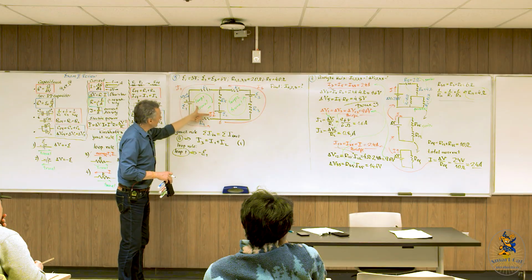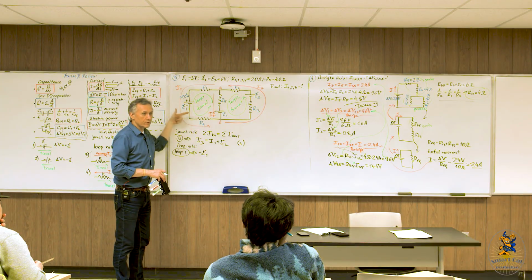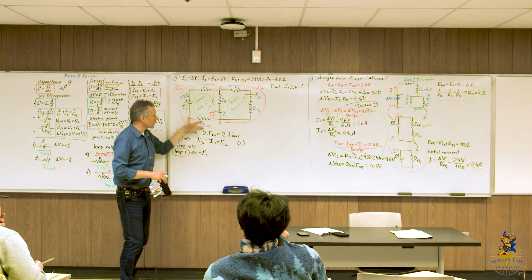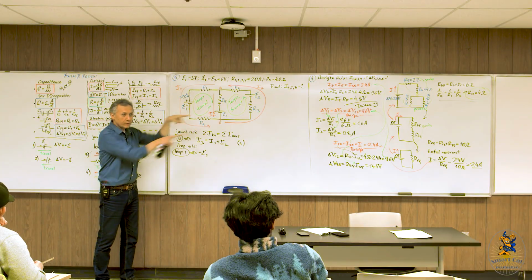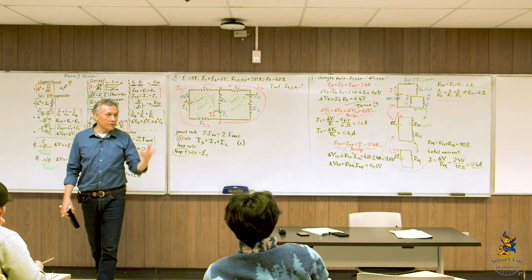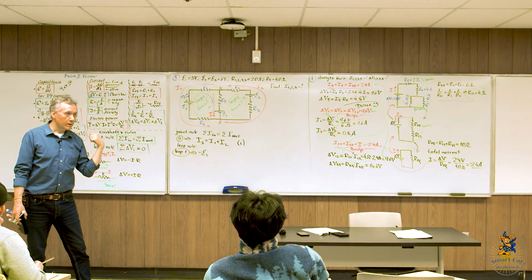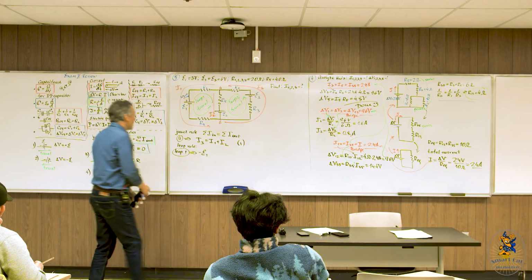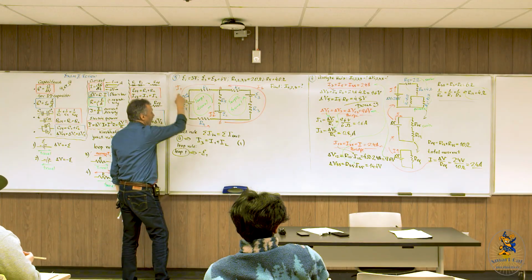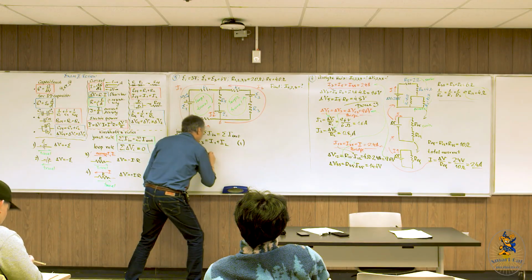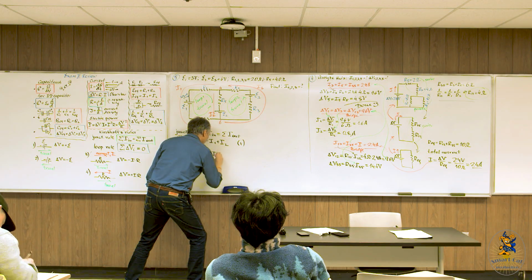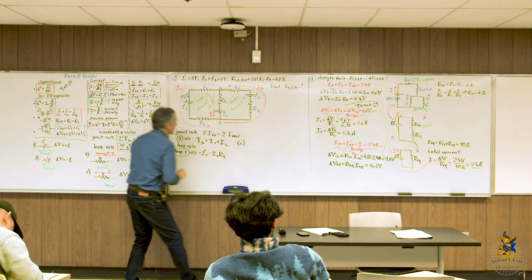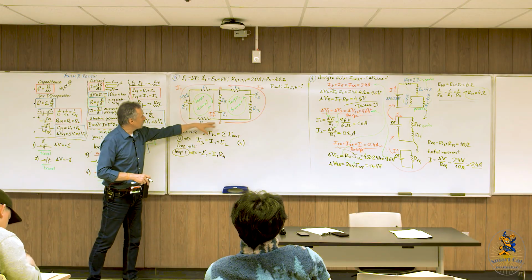We travel counterclockwise, so the travel direction is this way, and current I1 is also the same way. So directions are the same, so the contribution must be negative: minus I1 R4. Great, now we're done with this resistor.